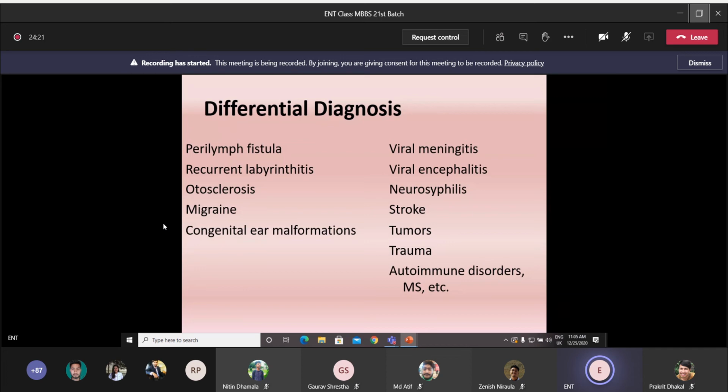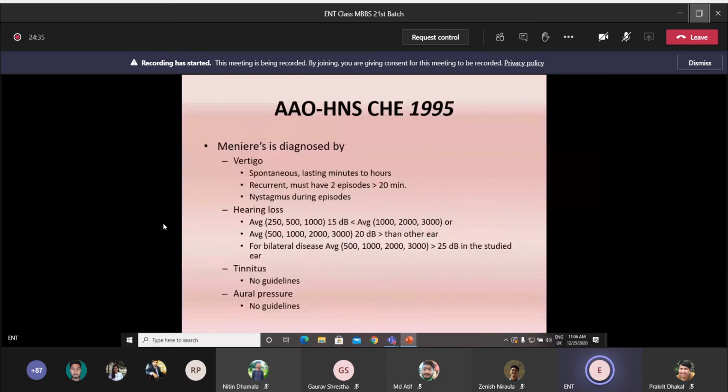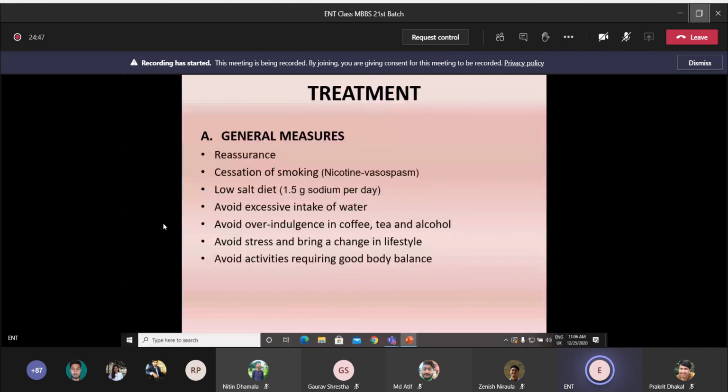The American Academy of Otolaryngology Head and Neck Surgery has given this diagnosis for Meniere's disease. This is in your book too, but I don't think they'll ask you this, but you should know the definition of Meniere's disease. But you can just go through this.